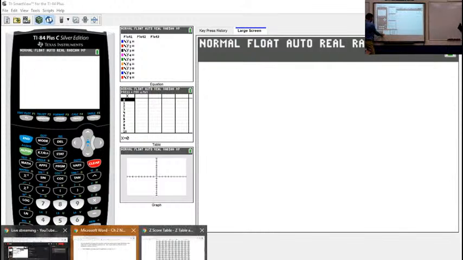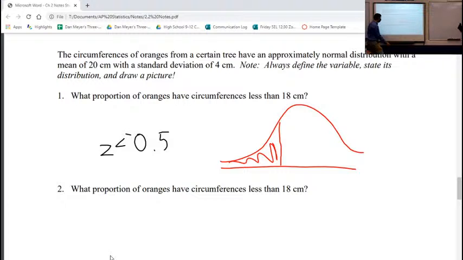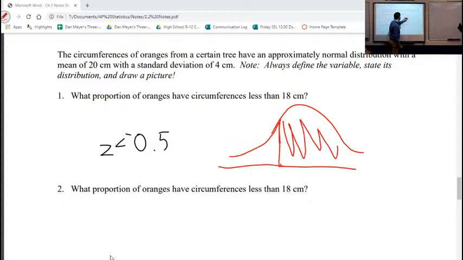Let's do the next one. The next one asked greater than 18. Remember, we changed the number. So this time I want everything to the right. What is the lowest value I want to deal with? Where do we start, from left to right? Negative 0.5, and then everything to the right.